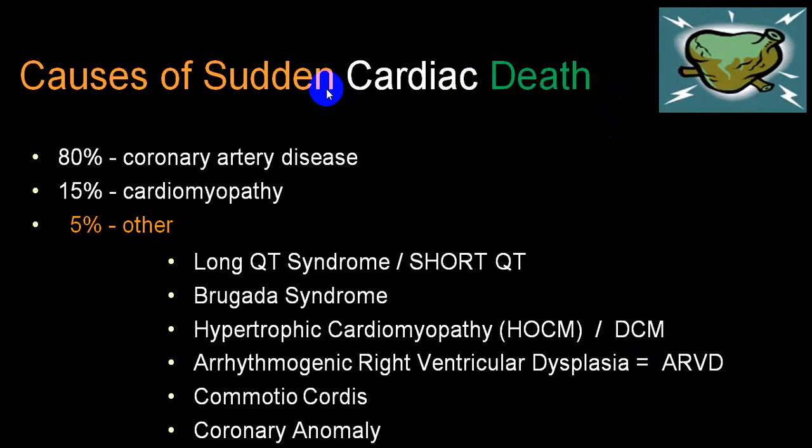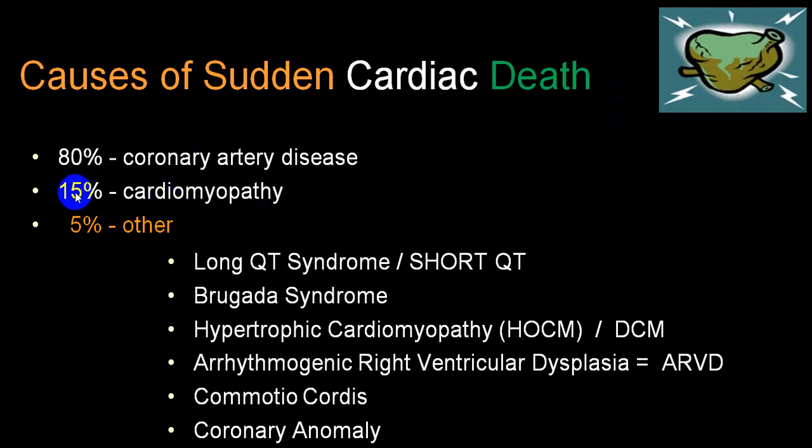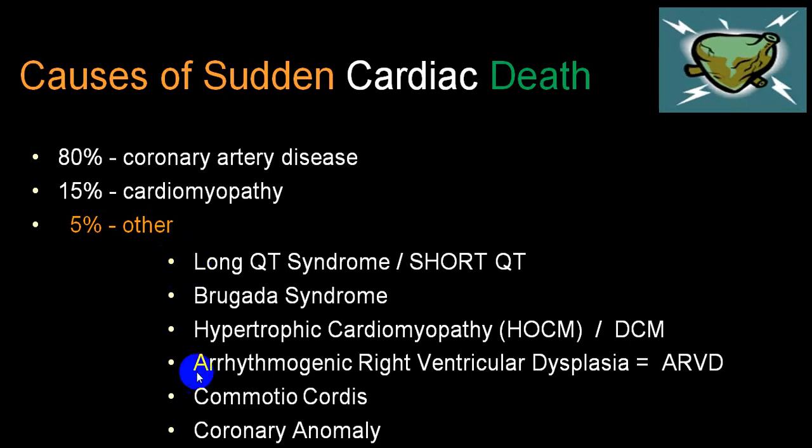There are a good number of causes for sudden cardiac death, like acute MI, which accounts for almost 80%. Cardiomyopathy, particularly dilated cardiomyopathy and hypertrophic cardiomyopathy, is almost 15% of the causes of sudden cardiac death, and 5% are because of congenital conditions.